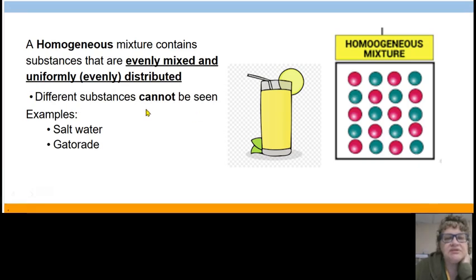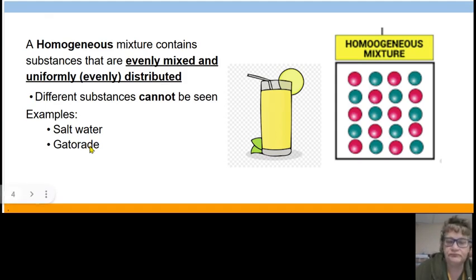In this case, the different substances can't be seen. So, for example, salt water, right? If you get the salt to mix into the water, then you can't see the particles.